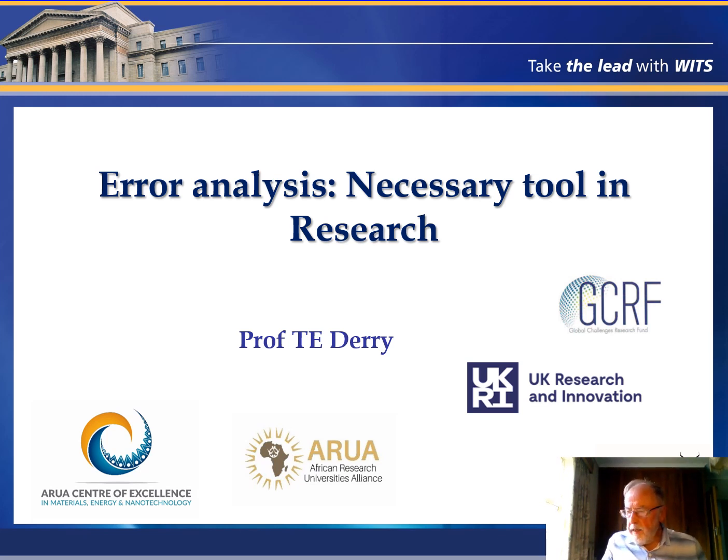They are the accuracy of your measurements. No measurement is perfectly accurate, and this is something that you have to tell people about. And it's often not properly done, even by professors writing papers.